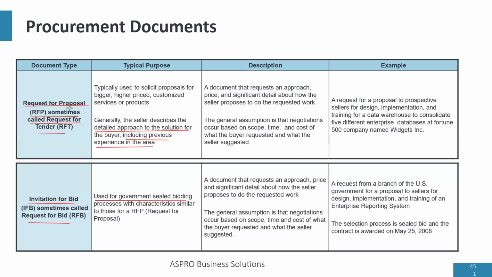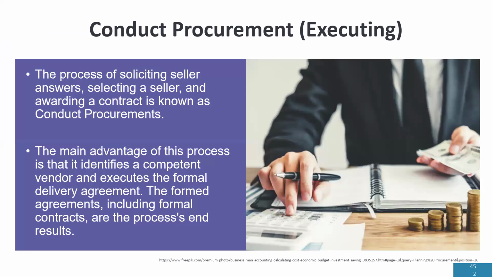So let's move on. Okay, so that is that. Now let's talk about conduct procurement, because this is the process where we solicit seller responses, select vendors, and award contracts.